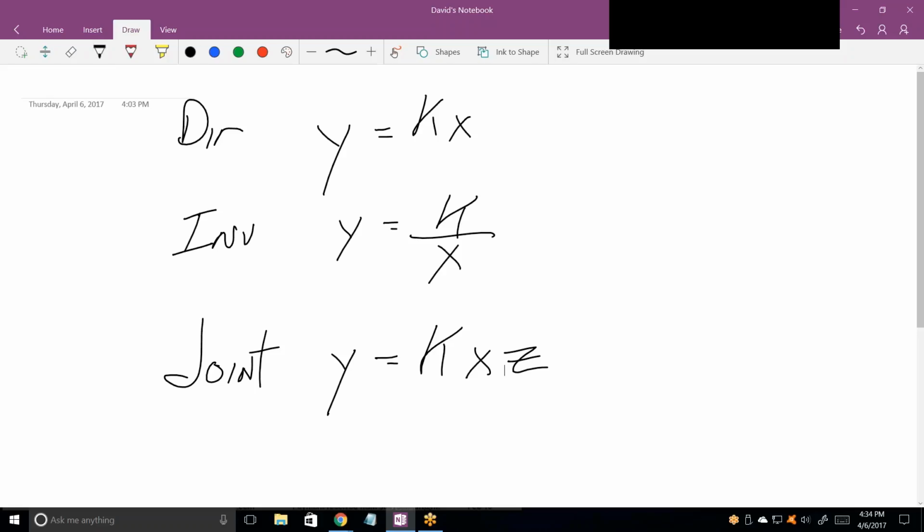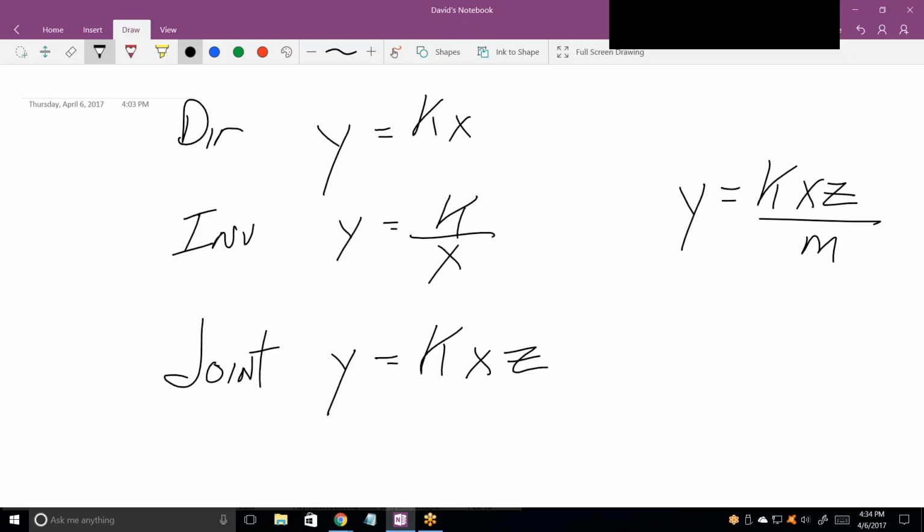In the third one, what we would say is that y varies jointly with x and z. And if I had something like this, I would say y varies jointly with x and z and inversely with m.